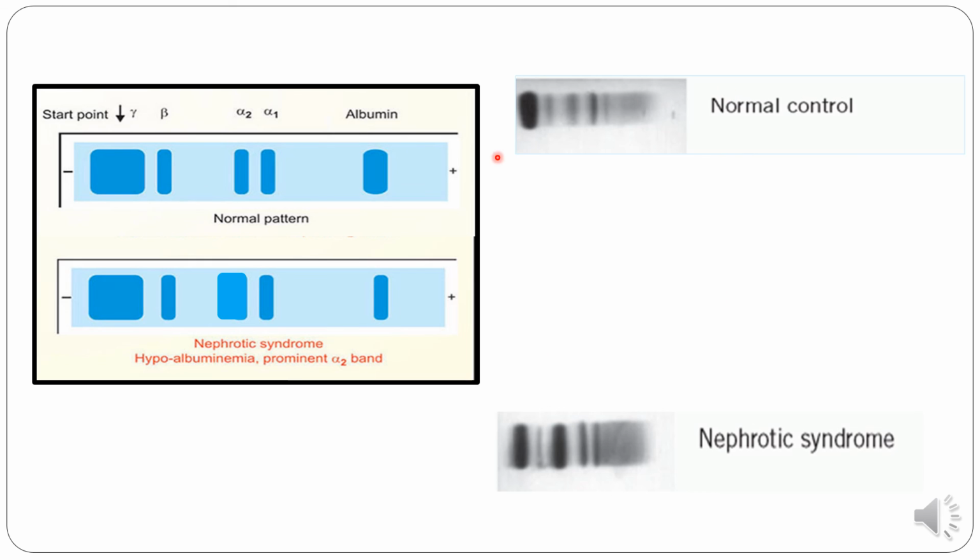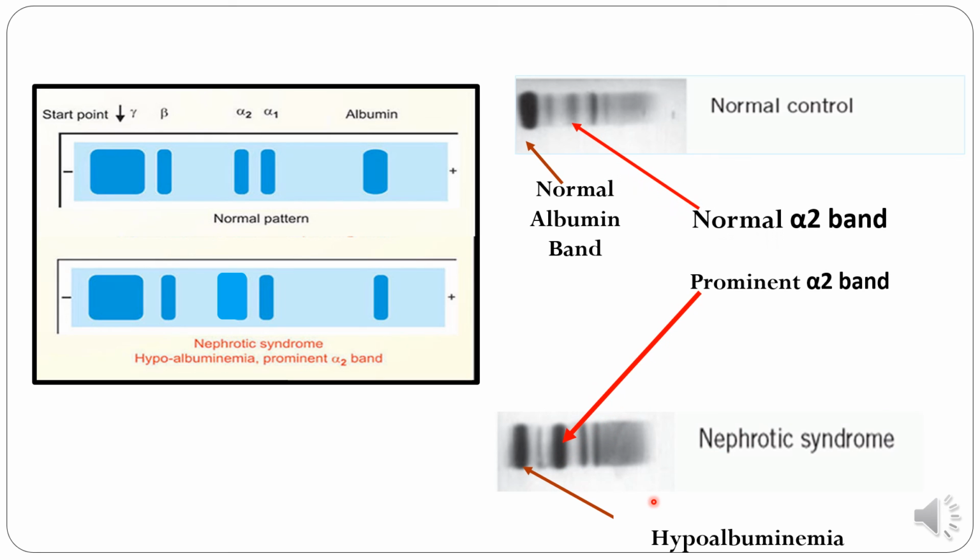And now we'll see a real gel. This is how the gel run looks, a black and white picture. This is the normal albumin band. This is a diffused or faint albumin band in a nephrotic syndrome patient. Here you can see that the alpha 2 band is prominent, whereas this is the relative proportion in normal.